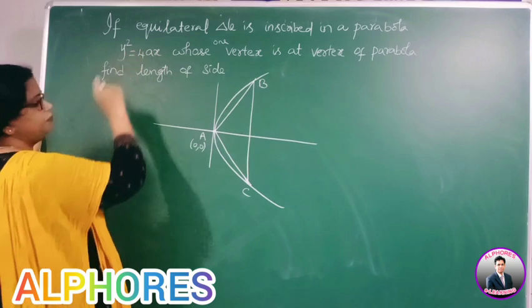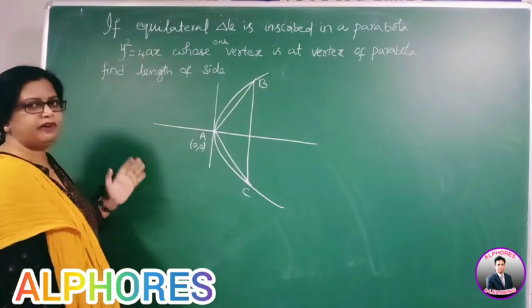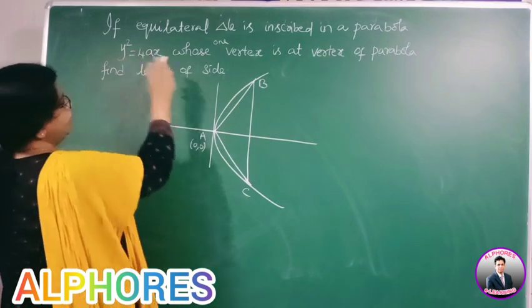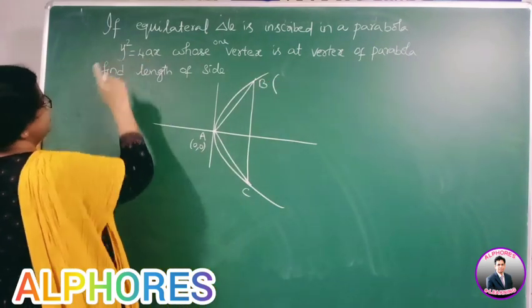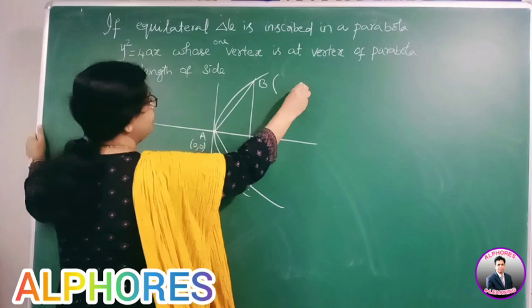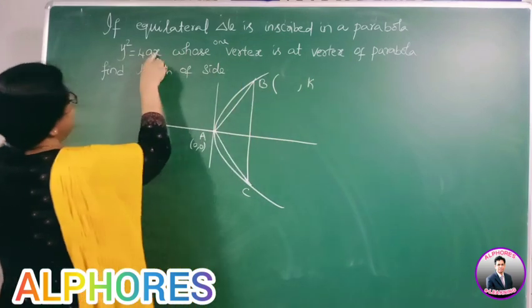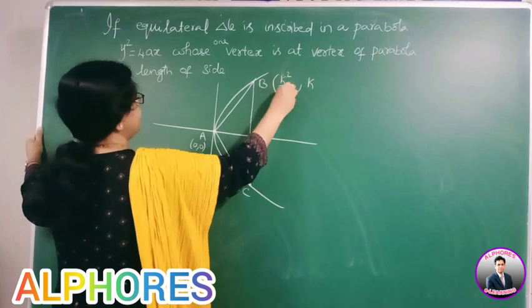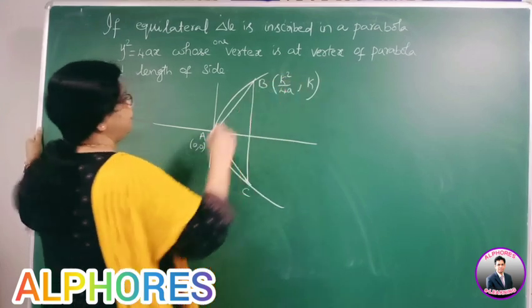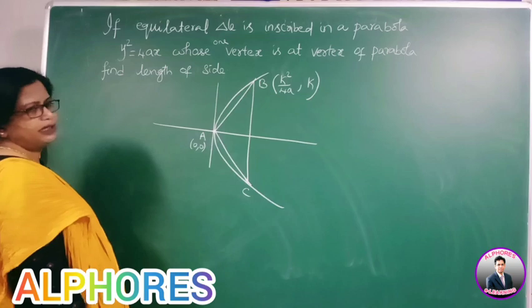We have parametric values also, but directly also I can take, suppose the y value is k, then the x value is y square by 4a. That means this value you can take k square divided by 4a.